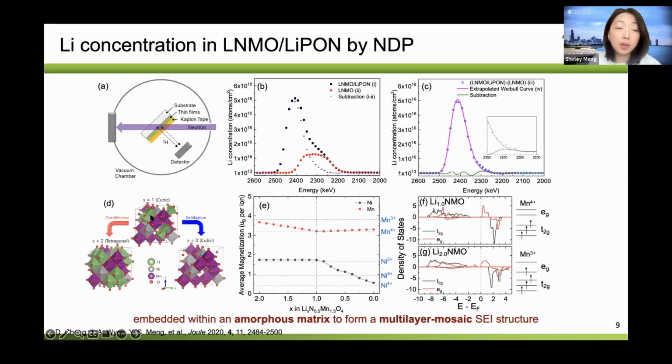In the spinel architecture, most of the batteries cycle between the cubic phases, but if it's over-lithiated, the cubic-to-tetragonal phase transition will happen. Indeed, you can insert up to 2 lithium per formula unit in the LNMO.